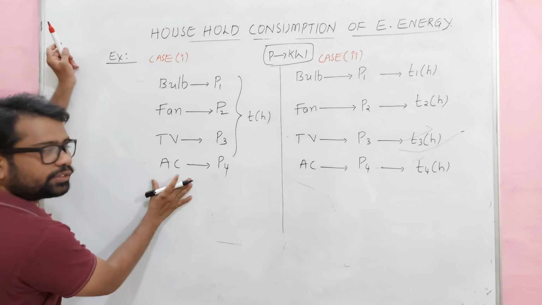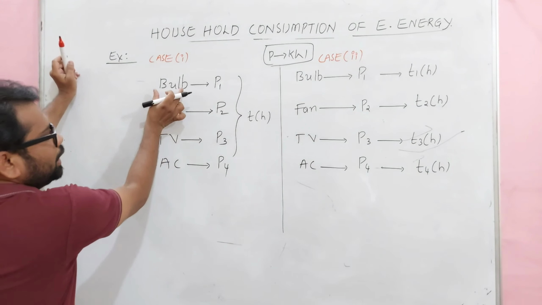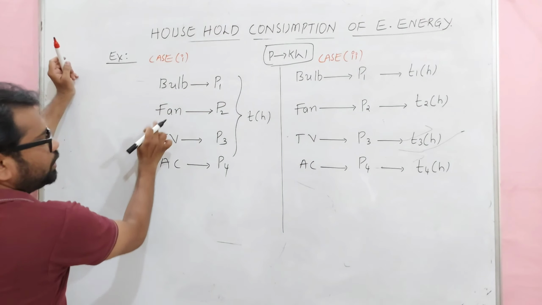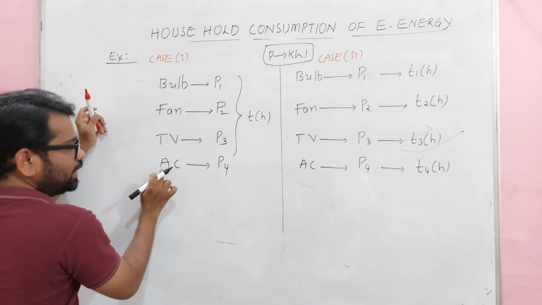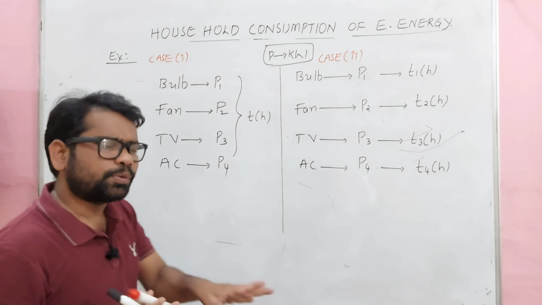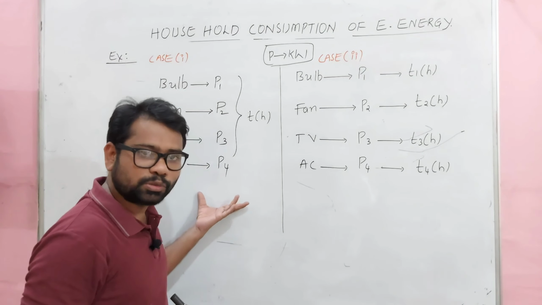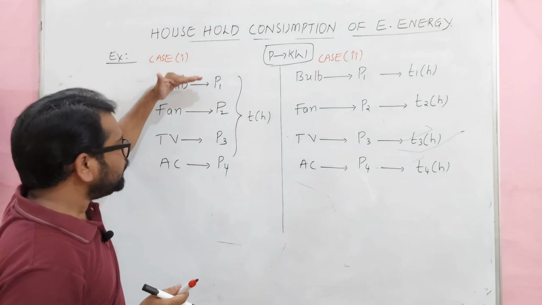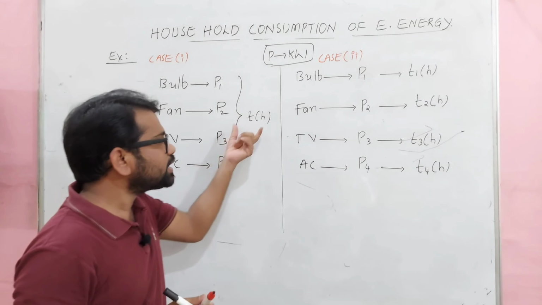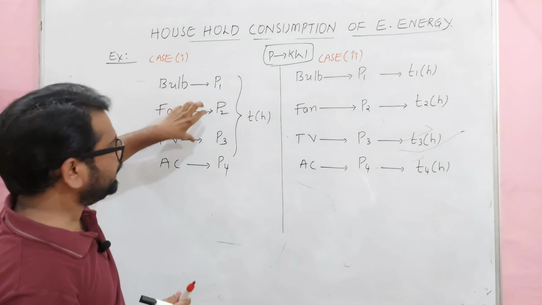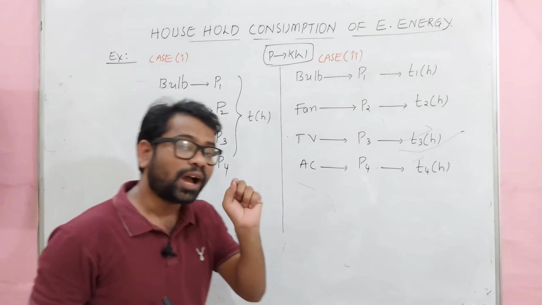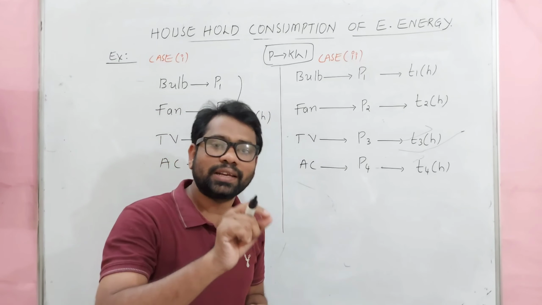In the first case, look here: a bulb of power P1, a fan of power P2, a TV of power P3 and an AC of power P4. Suppose, as an ideal case, which is not possible practically, all electric appliances are used for the same time T hours only. Then how do we calculate the electrical energy consumed?